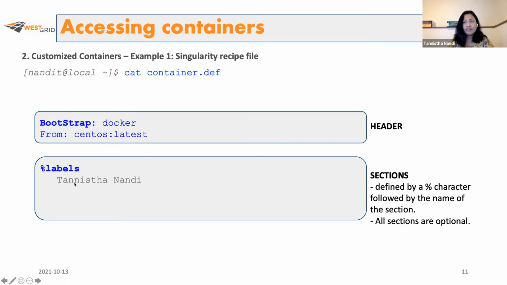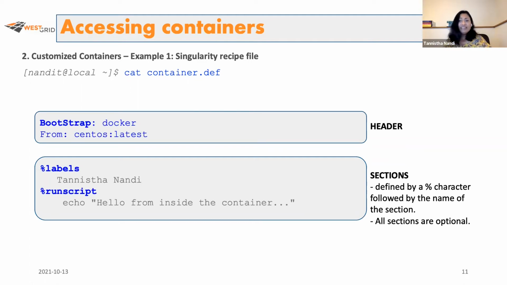And after that, you can put another section like runscript that allows you to specify a workflow that this container should perform when it's run. In this case, I'll be running a simple echo statement.